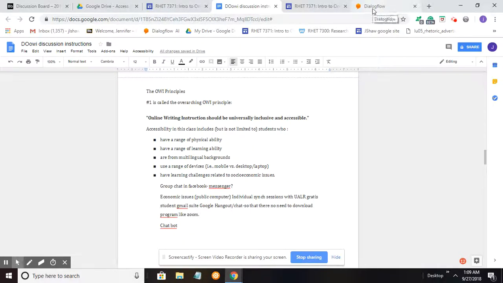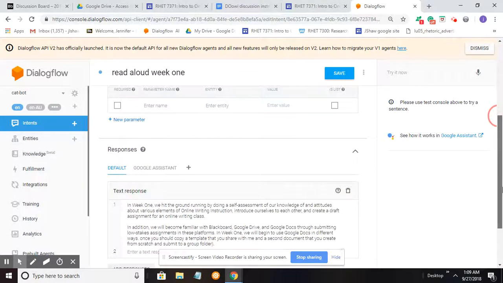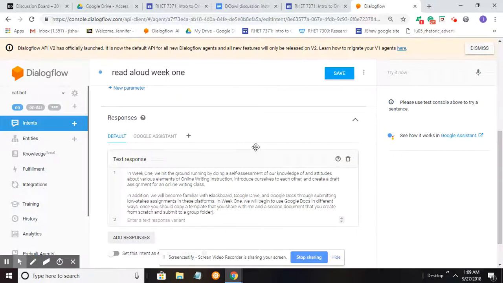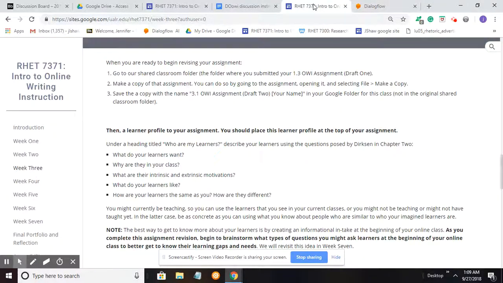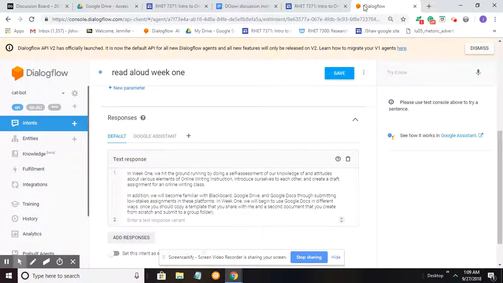For example, I could program into the chatbot the intent of read aloud week 1, where the person would ask, can you read me this week's lesson? And then I enter in the response, which is from week 1 and from our class. And that would just start being spoken by Alexa or Siri, whichever you have.